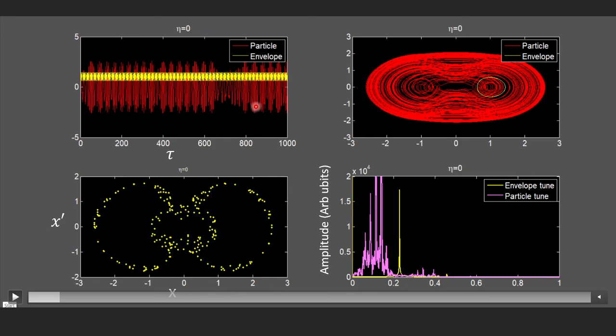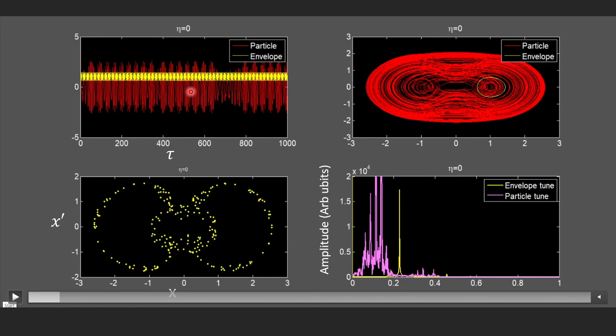Now, if you notice, all these four plots are for a given value of eta, and in our equation eta represents my tune depression. That's the ratio of small k and k naught, where k naught is the structure phase advance and k represents the focusing force that comes from the contribution of the space charge forces and the magnetic field that is focusing the beam.